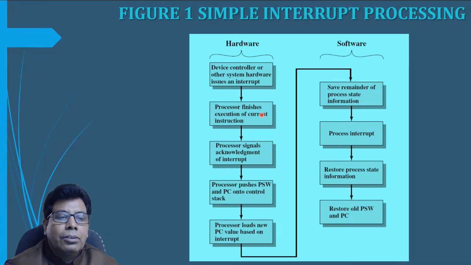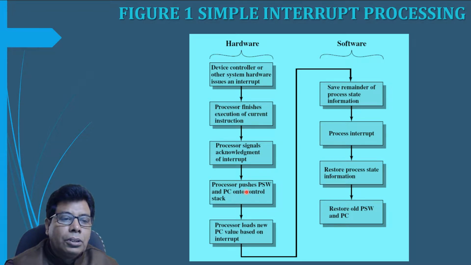This we have already seen in the computer function in the last video. The processor will finish the execution of the current instruction and then signals the acknowledgement of the interrupt to the device.